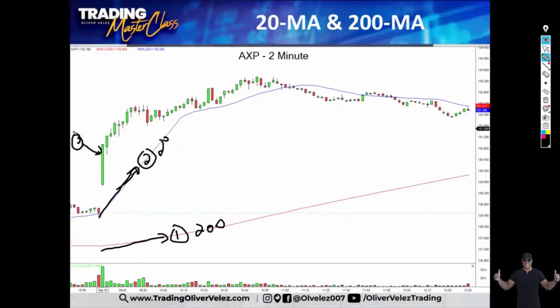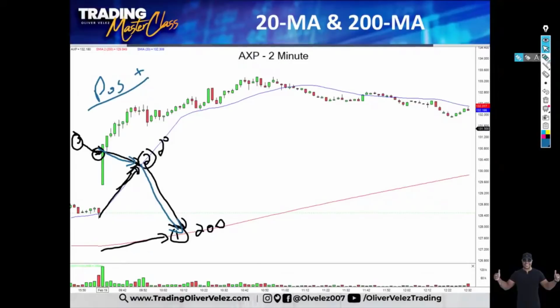If the stock is above the 20 and the 20 is above the 200, you see that? We have positive position. Positive.